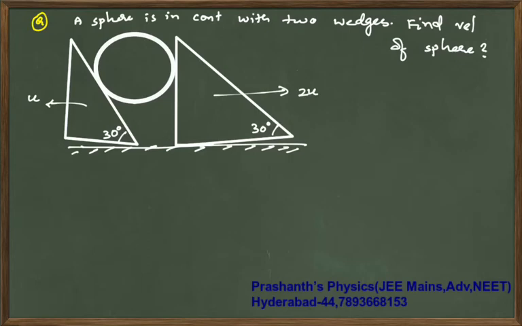What you are supposed to do is, you do not know which side it is, but you assume some ux and uy. You are supposed to calculate u resultant is equal to under root ux square plus uy square. That is your target. For the wedges, u and 2u are given.